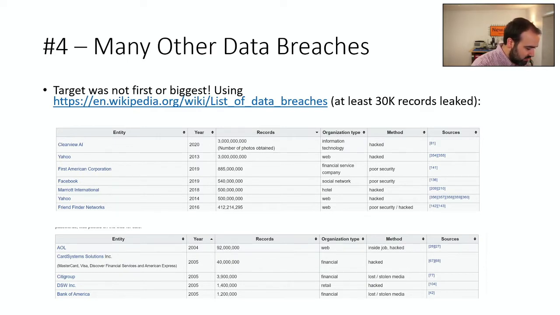There are ones like number of photos obtained, so that's a little hokey on counting it. But the rest of them are pretty legitimate. Yahoo had like 3 billion accounts compromised. A number of others are down there in the high 100 million range in terms of accounts compromised. Some of them are multiple, so you see Yahoo's on that list twice, for example.